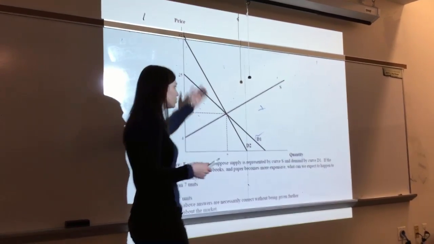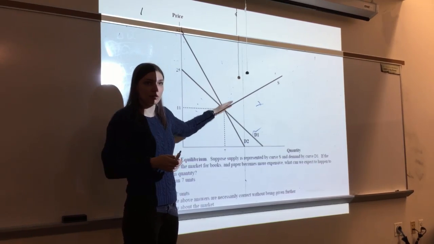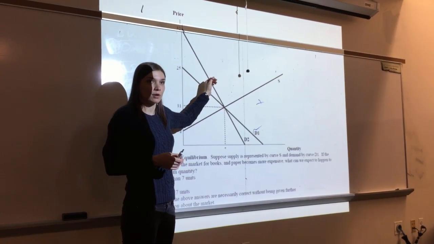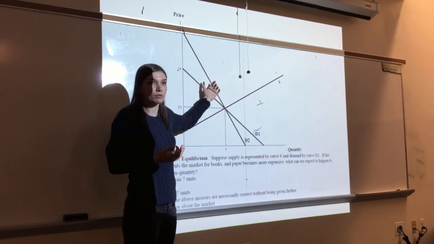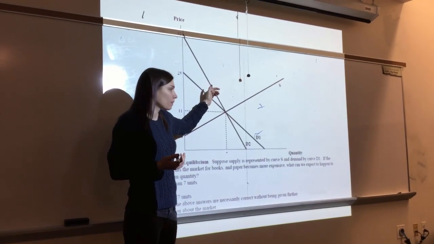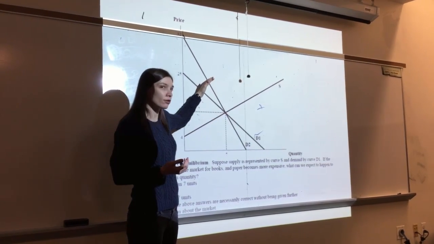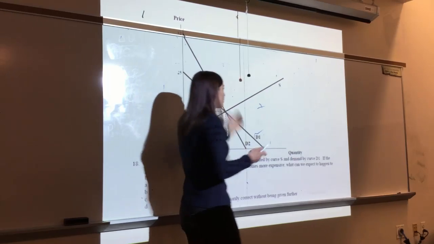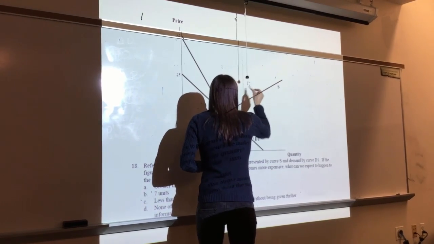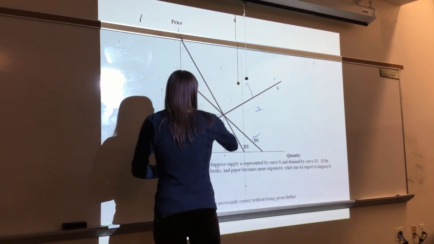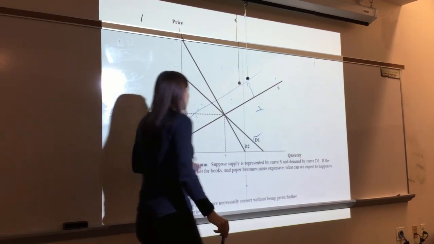So basically, at any quantity, the supply curve is going to be higher than before, right? Because the cost of producing that good is going to be higher. So we're going to shift the supply curve up, or shift the supply curve to the left. And you can do that, right? It doesn't really matter.